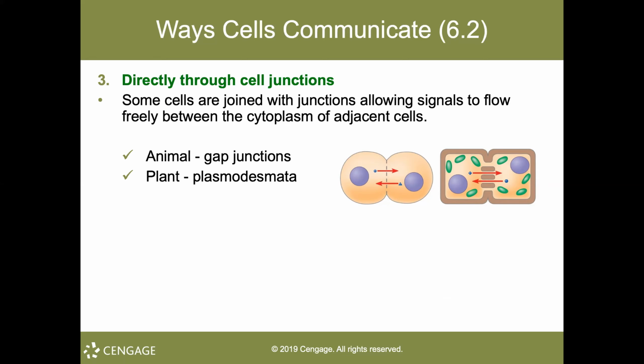So whatever signals, these can flow freely to the cytoplasm of the adjacent cell. So this is an example of a gap junction. Gap junctions are found in animal cells, whereas remember, the plasmodesmata pertain to plant cells. So you're joining the cytoplasms of two adjacent plant cells. So that's another way that a signal can get to the target cell.